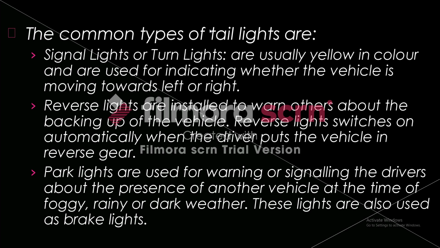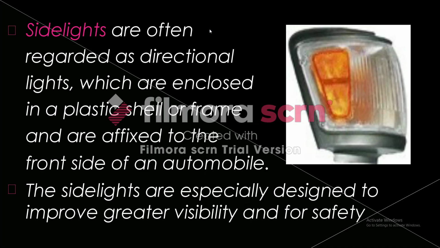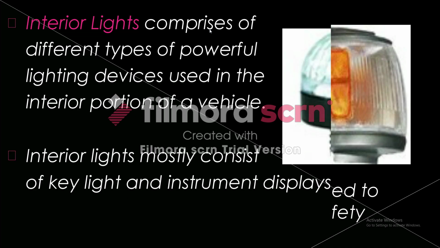These lights are also used as brake lights. Side lights are often regarded as directional lights, which are enclosed in a plastic shell or frame and are affixed to the front side of an automobile. The side lights are specially designed to improve visibility and for safety.